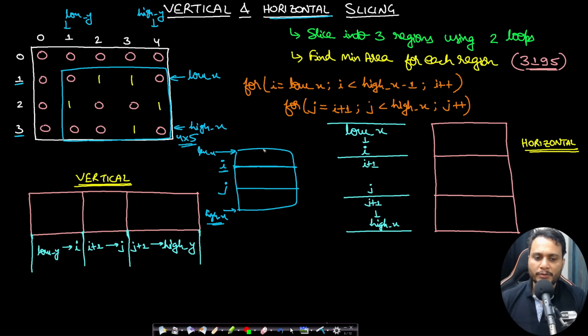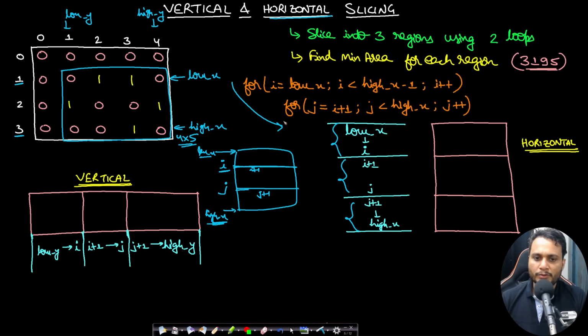Now if you divide this into regions, then the first region is going to be low x to I, second region from I plus 1 to j, the third region from j plus 1 to high x, right? So this is what I am denoting here, you see.